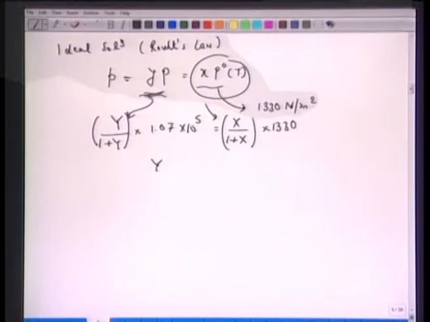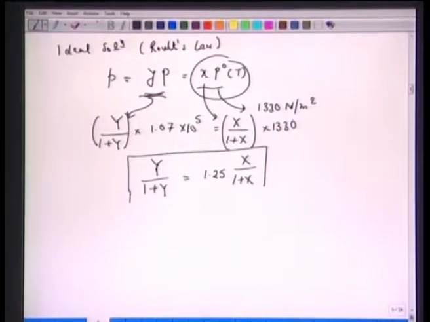A small y is replaced with Y over 1 plus Y and a small x with capital X over 1 plus X. To simplify this, we have Y over 1 plus Y equals 1.25 capital X over 1 plus X. So we have obtained the equation for the equilibrium curve, Y as a function of X.